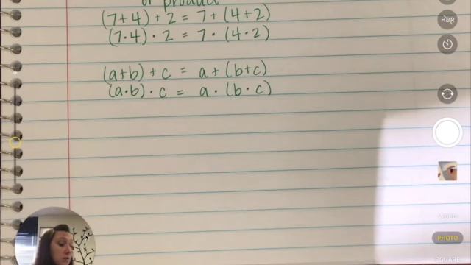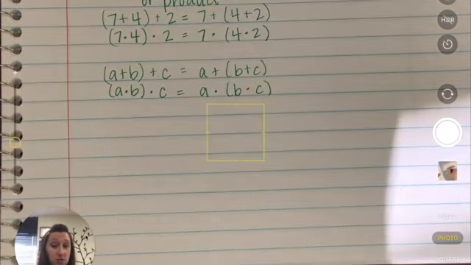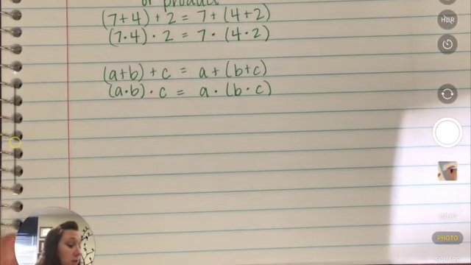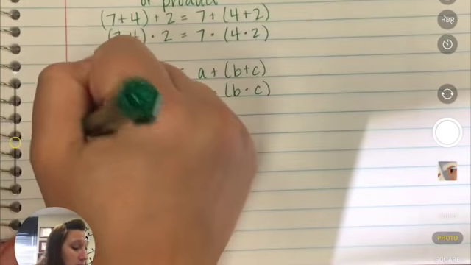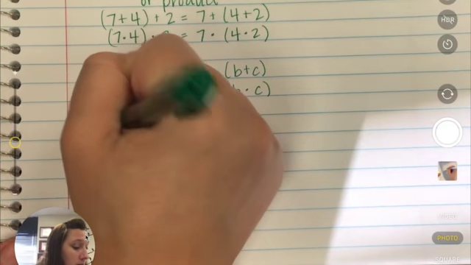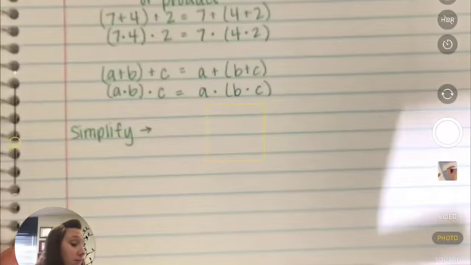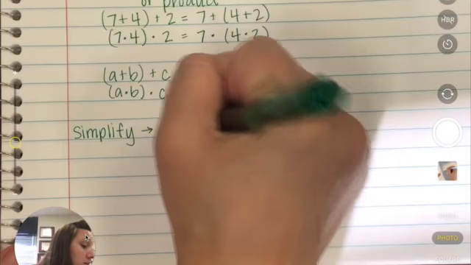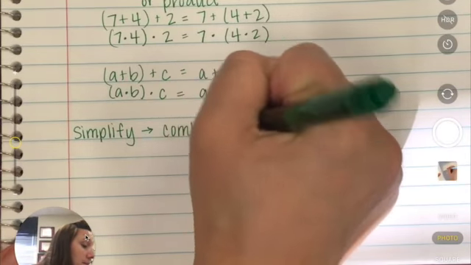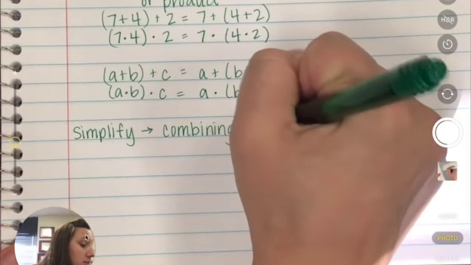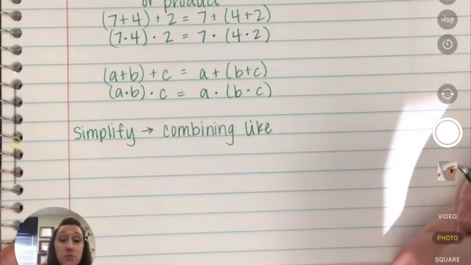I can use these properties to help me simplify long expressions into smaller expressions. We talked a little bit about this last week. So when I simplify, I'm just combining like terms. And when I say like terms, I mean terms that are constants or terms that have the same variable.